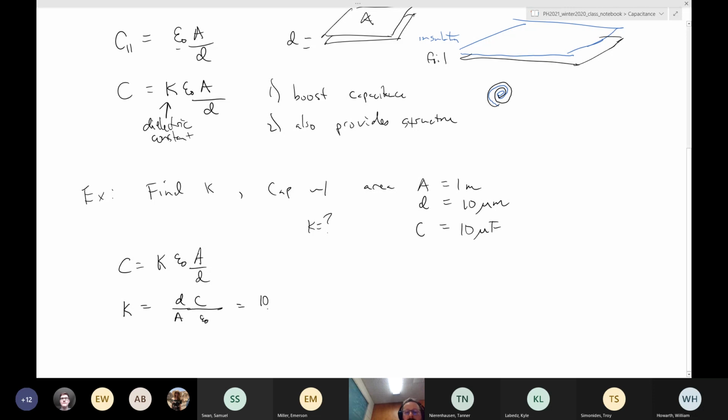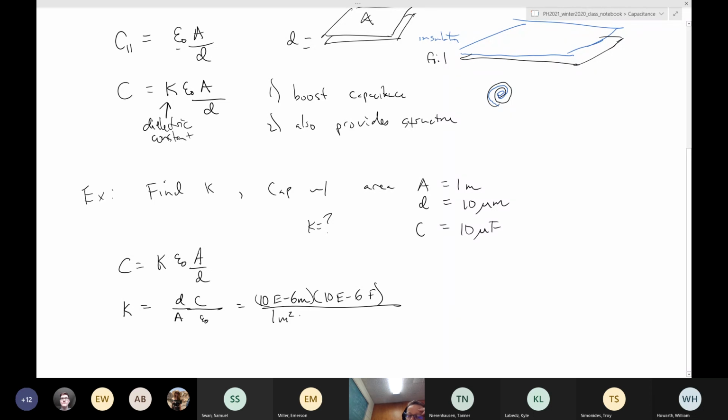So this is 10 microns, i.e. 10 to the minus 6 meters, times 10 microfarads, so that'd be 10 to the minus 6 farads of capacitance.